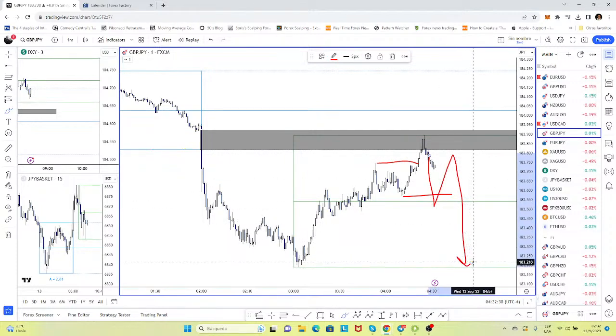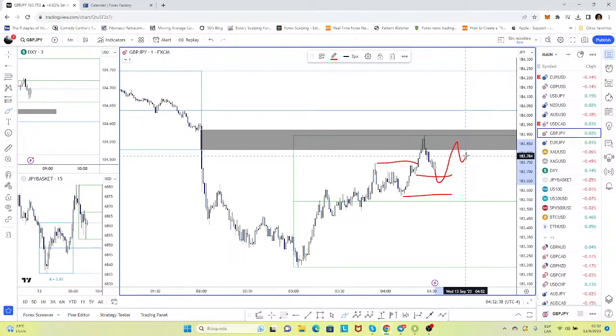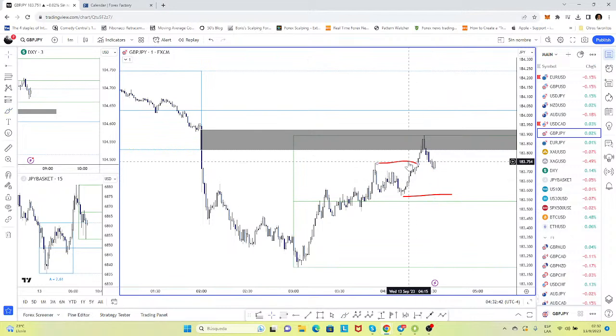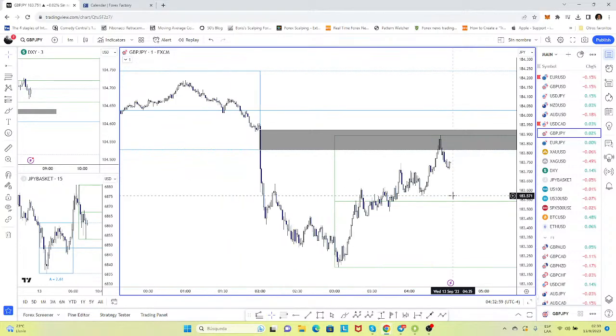And some traders would look at this low as the possible change in character or market structure shift, right? But not me. That is a very low probability change of character zone. But yeah, it's looking good for more downside impulsive moves.